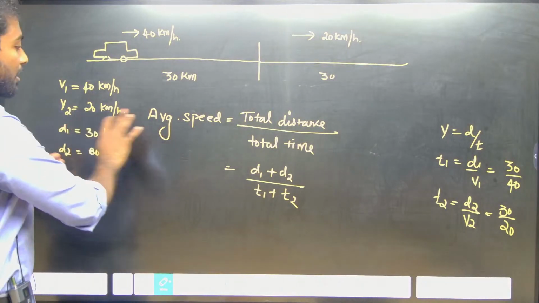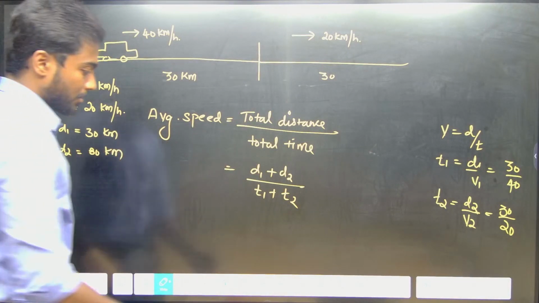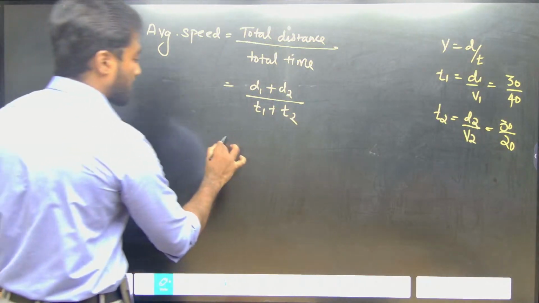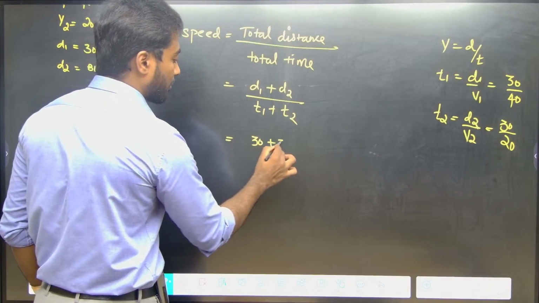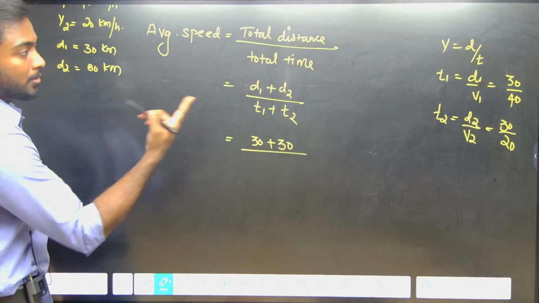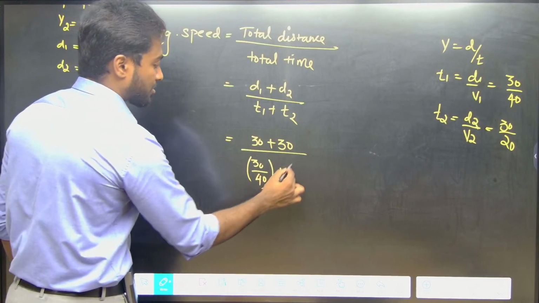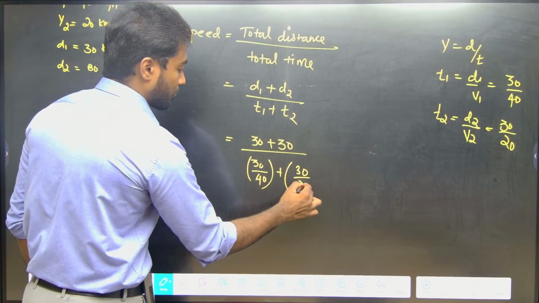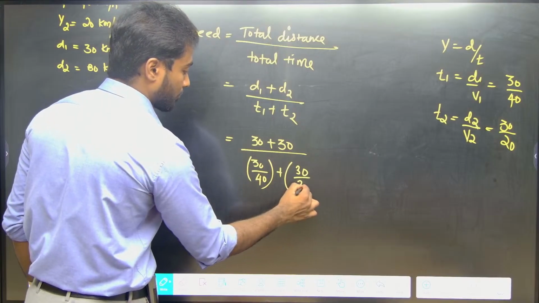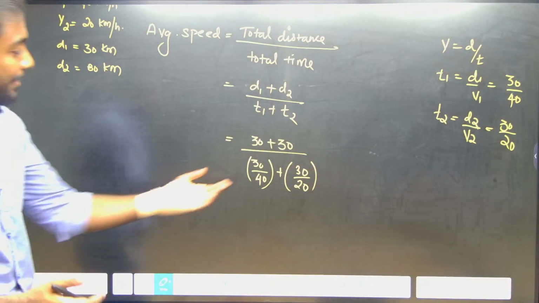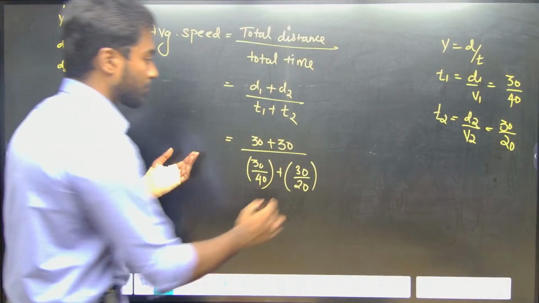Now, take the D1 as it is, take the D2 as it is, and T1 as it is, T2 as it is. D1 is how much? 30 plus 30 D2, and T1 is 30 by 40 plus 30 by 20. Got it? Now, if you see here, can I take this 30 commonly outside?